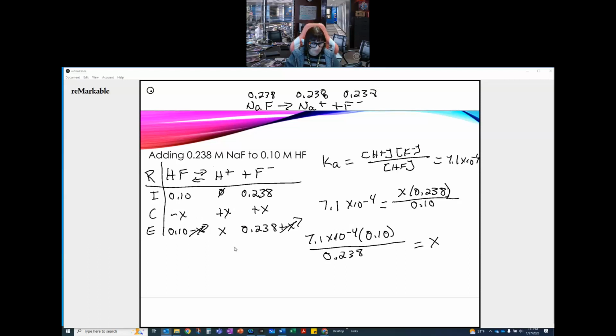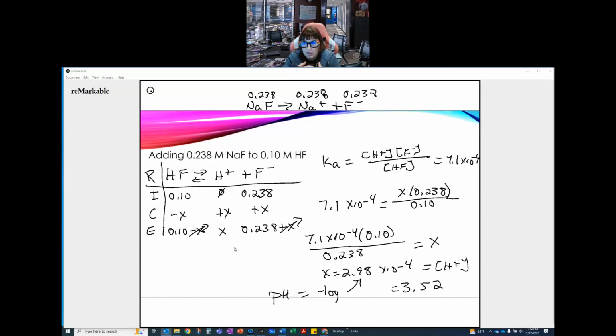Well, I hope that I can, if my calculator will work with me. 7.1 EE negative 4 times 0.10 divided by 0.238. And that gives me X is equal to 2.98 times 10 to the minus 4th. That is my H plus. So if I needed to get a pH, it's the negative log of that number. The negative log of that happy answer would give me 3.52.